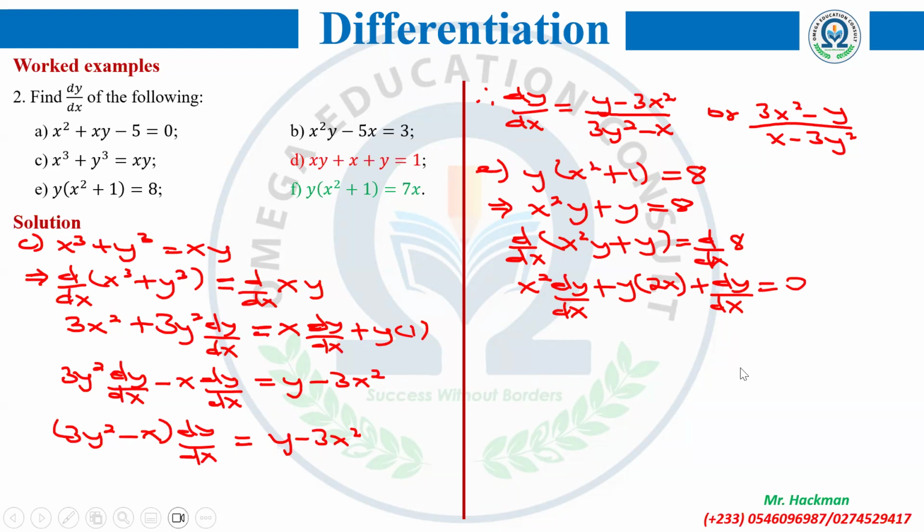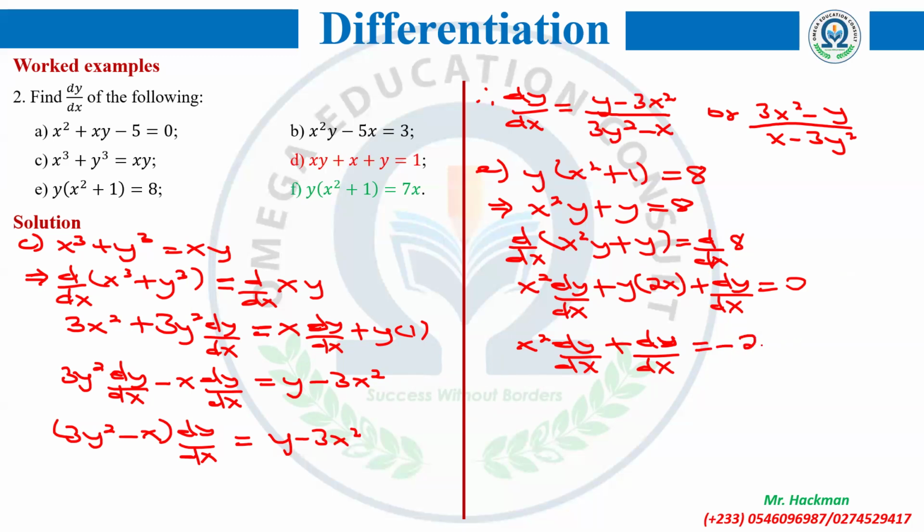So we are isolating the dy/dx term. So I'm going to get x squared dy/dx, then plus dy/dx. Then I'll multiply this and move, so that will give me minus 2xy.